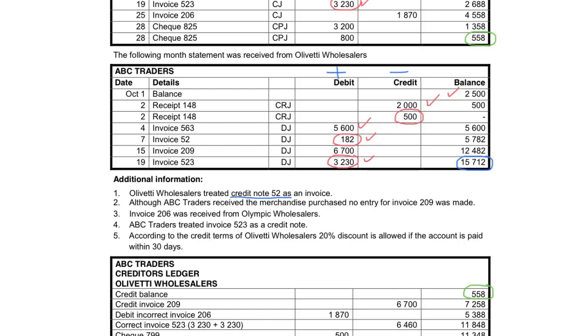That means if we look at invoice 52, because they think they sold goods, they showed it here on the debit side. This was actually supposed to be a credit note. So this amount should be on the credit side. So this is an incorrect entry that will have to be corrected on the credit side.